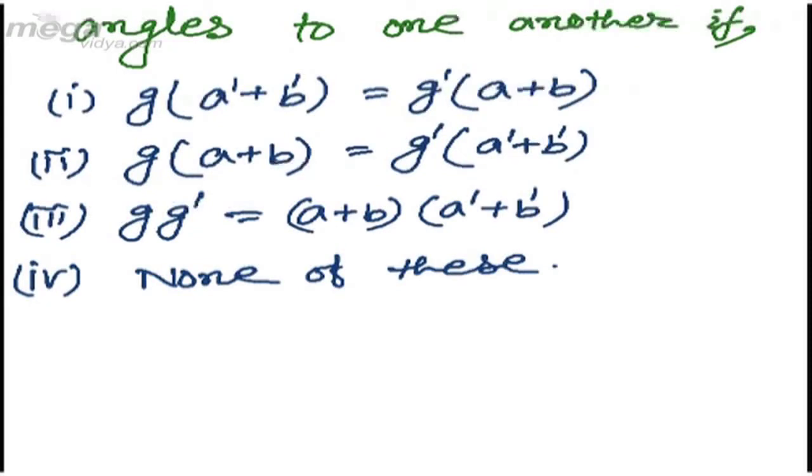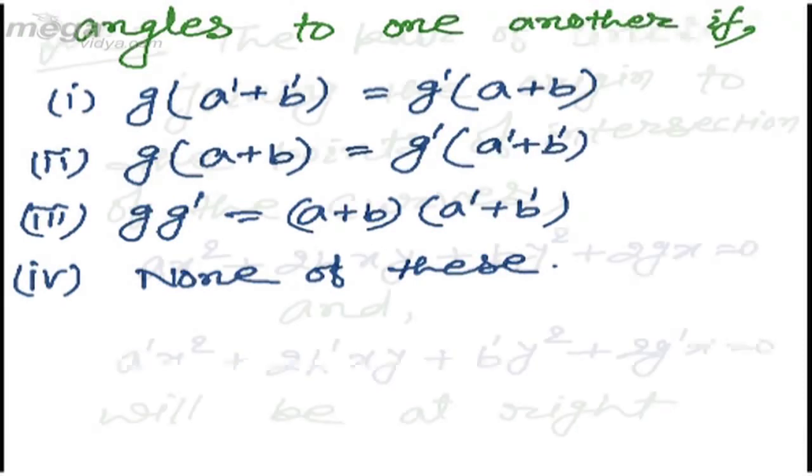The options are: first, g into a dash plus b dash is equal to g dash into a plus b; second, g into a plus b equal to g dash into a dash plus b dash; third, g into g dash is equal to a plus b into a dash plus b dash; and fourth, none of these.